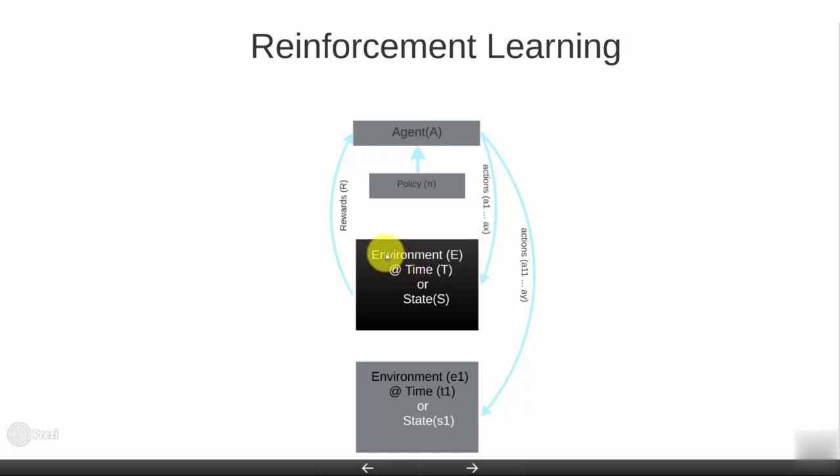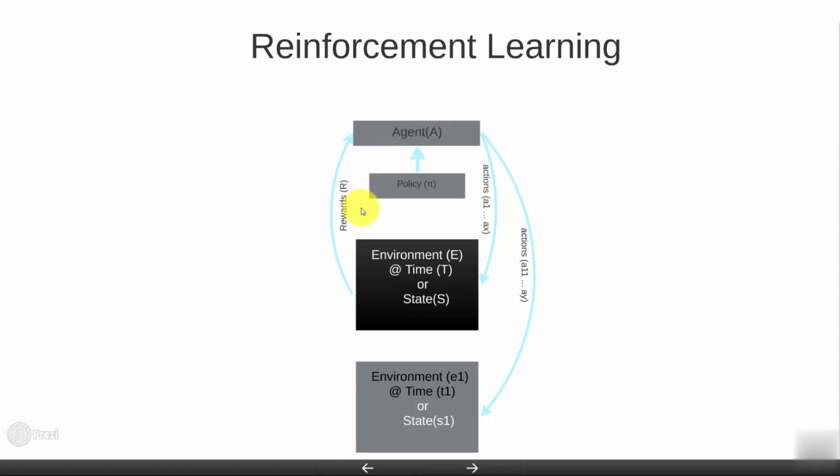The environment gives back the agent the rewards, and also it moves the agent to the next frame of the environment at t1. So the agent continues the loop of taking action, the environment gives the rewards, and then this loop continues. The policy influences the agent to take actions in a way which maximizes its rewards.